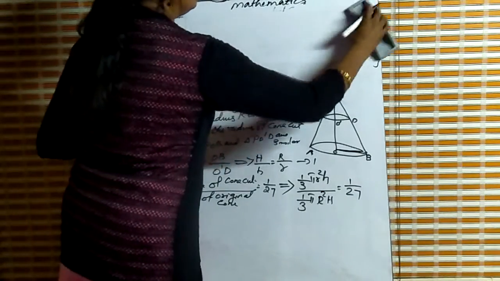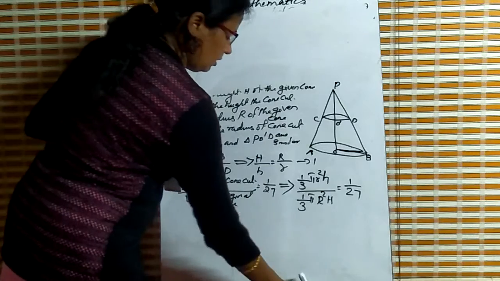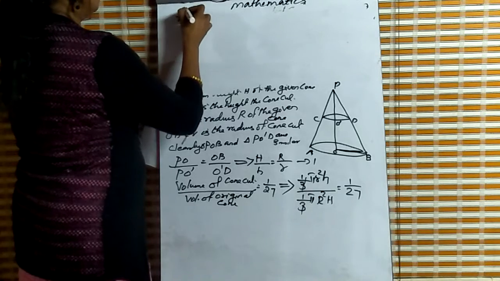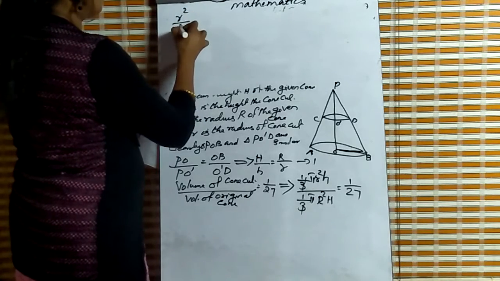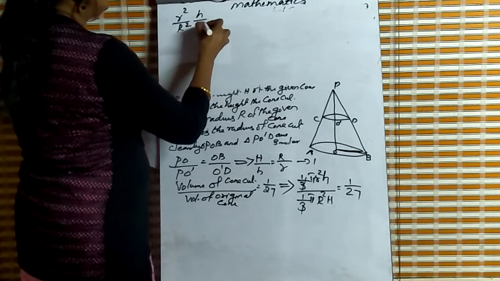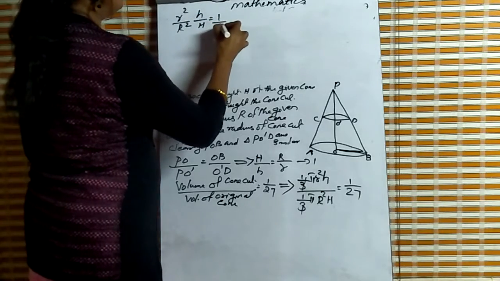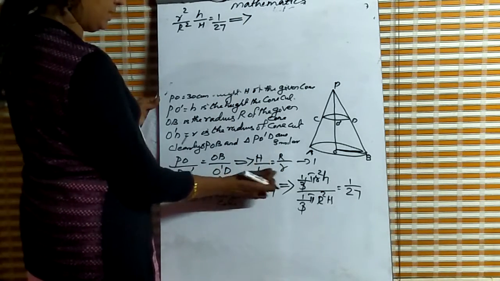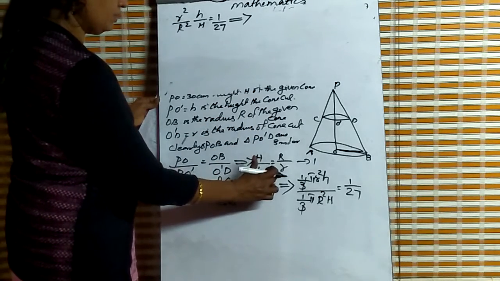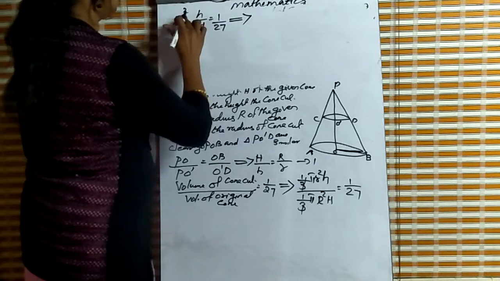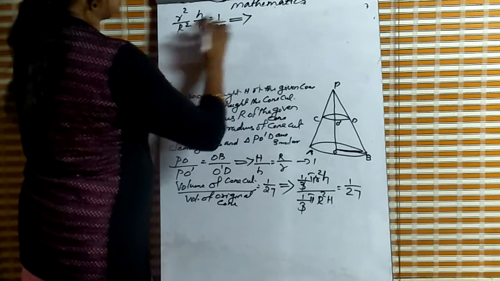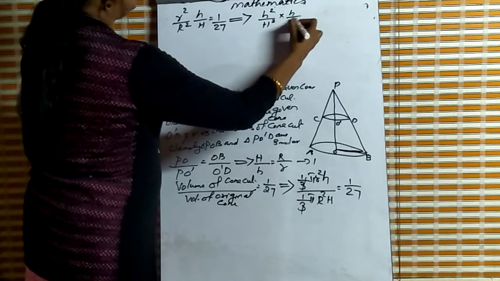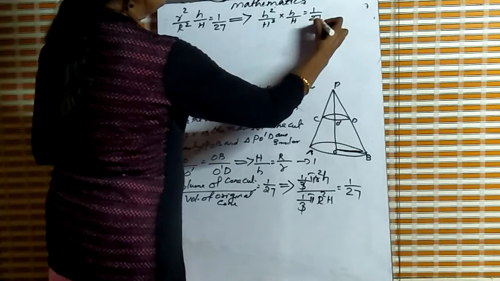Now 1/3 pi cancelled, r square into h by R square into H is equal to 1/27. Then r square by R square is h square by H square, into h by H is equal to 1 by 27 from 1.